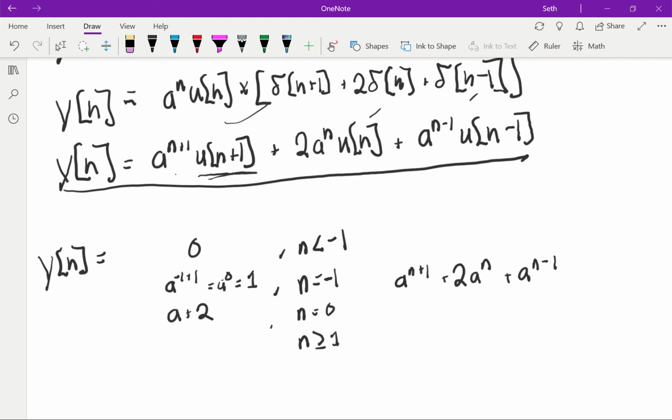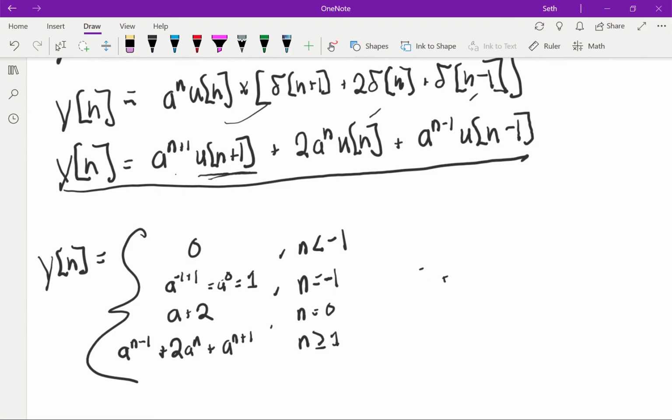So we get a to the n minus 1 plus 2a to the n plus a to the n plus 1. And that's going to be our final answer.